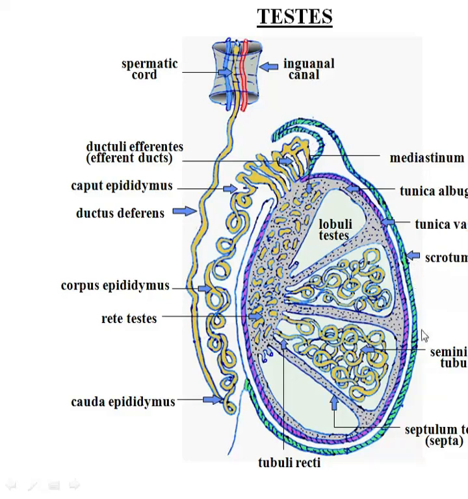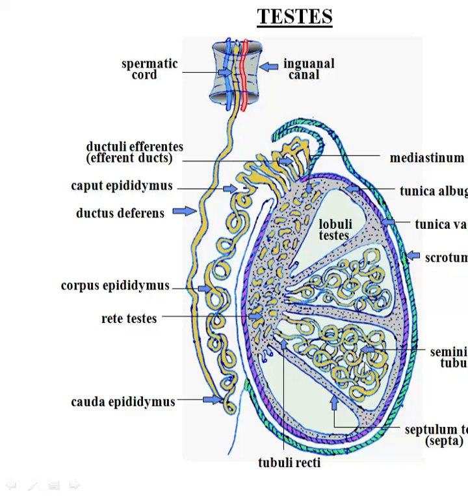Now from outside to inside, if we start tracing the histology of these testes, you will see an inner layer, the tunica vaginalis. Thereafter you will see the tunica albuginea, and in this tunica albuginea there are empty pockets formed which are filled with seminiferous tubules.